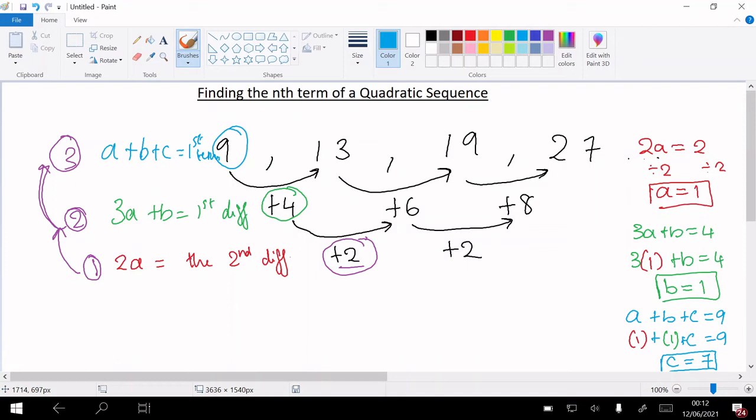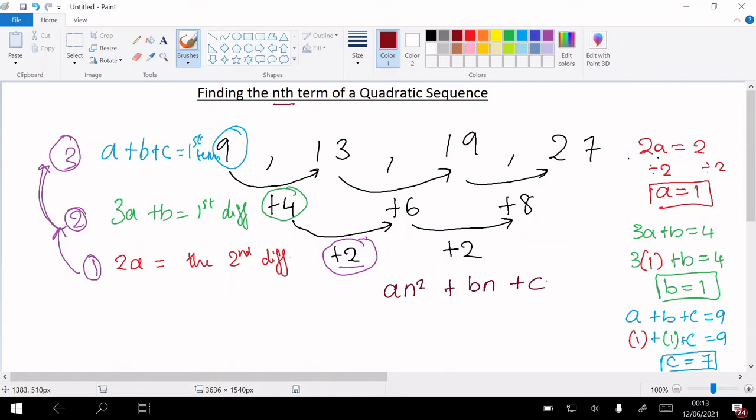So now you have figured out a, b, and c. But what do a, b, and c mean? It's just 3 letters equal to numbers. Where it's useful is in the general form of a quadratic. The general form of a quadratic is ax squared plus bx plus c. But since this is an nth term question, you will write it as an squared plus bn plus c.